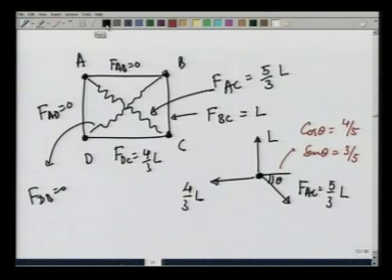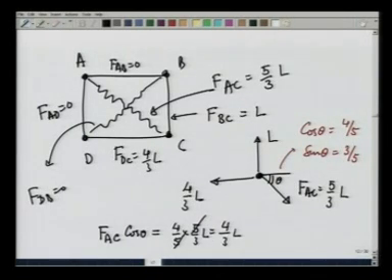If everything has been solved correctly, point A again should be in equilibrium. So, FAC cosine of theta comes out to be 4/5 times 5/3 L, which is 4/3 L, and this force is going to balance this force out.